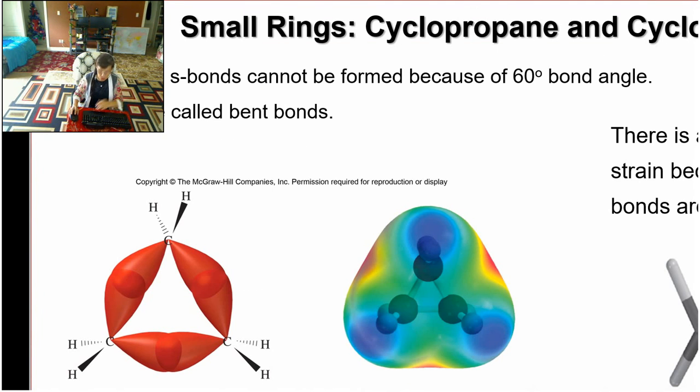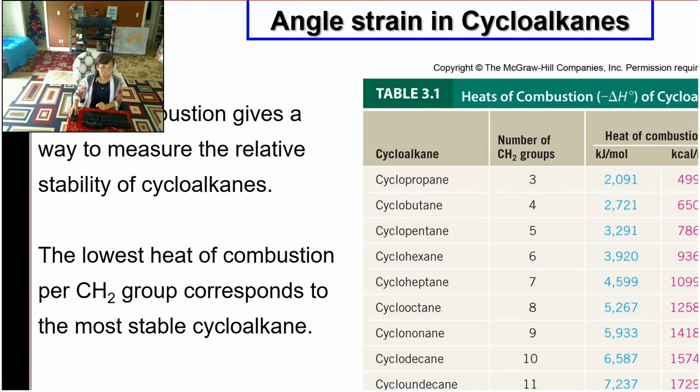Before we move on to the structure, you may have another question. Which structure is most stable? Which molecule is most stable? You have 3-numbered rings, 4, 5, all the way to say 16-numbered rings. How do you determine the stabilities of each compound? So in this case, you are going to use the heat of combustion.